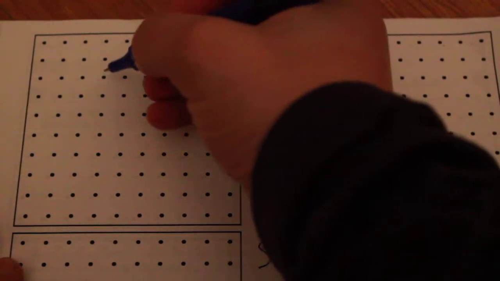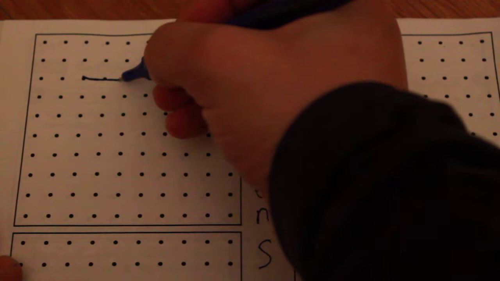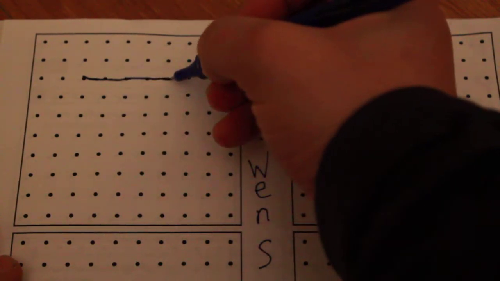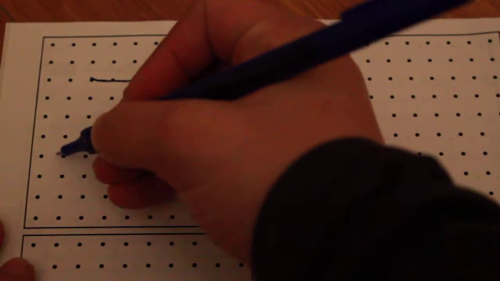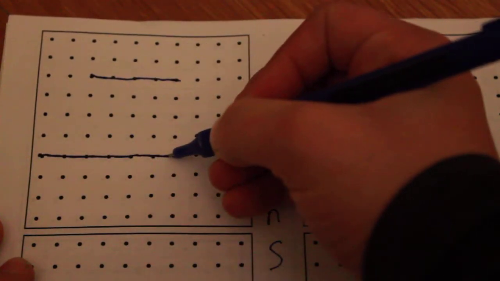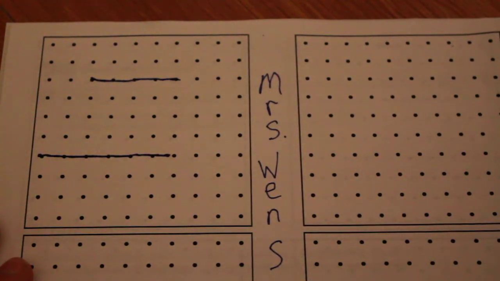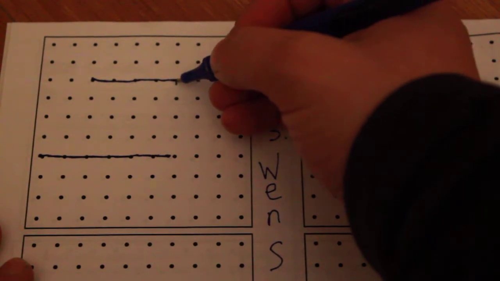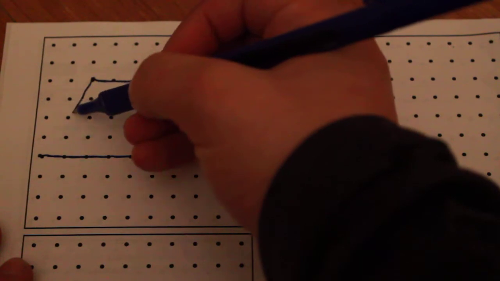So if we look at 1A, form a quadrilateral with exactly one pair of parallel sides. One pair of parallel sides, so I'm going to do the top and the bottom. Top and the bottom are parallel. So now these two side ones are not going to be parallel. Please use your straight edge.